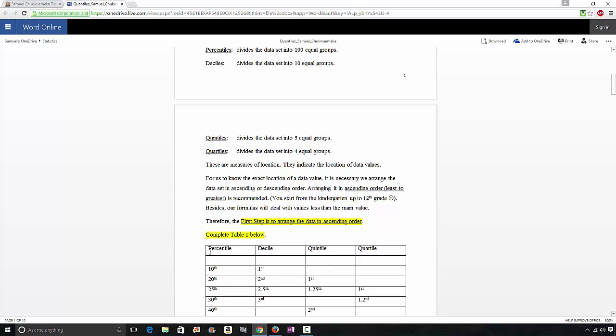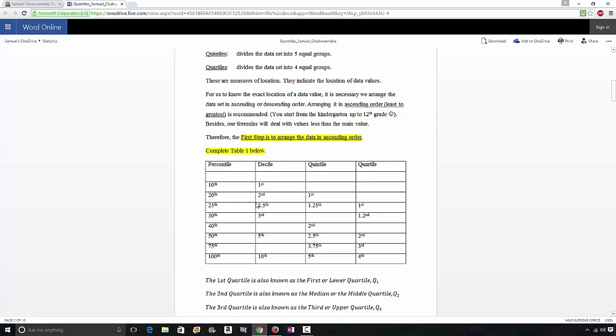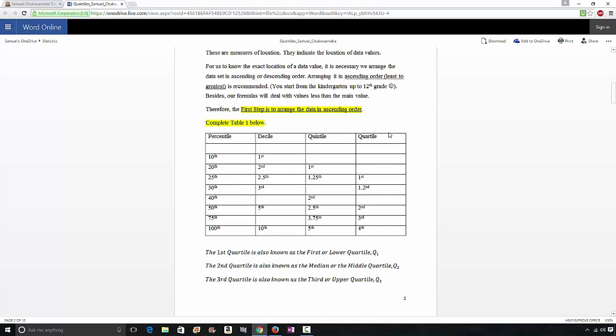Most things in life are from small to big. Also, the formulas we shall list deal with the values that are less than the main value, which will make sense with ascending order. I will give some examples and then I would like you to complete this table.